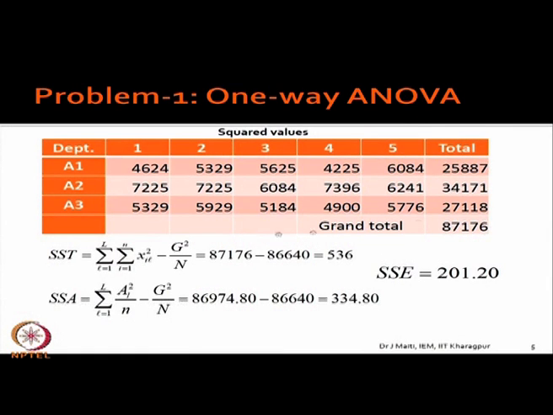This is the squared sum across A1, across A2, across A3, and finally, this is the grand sum of squared values.